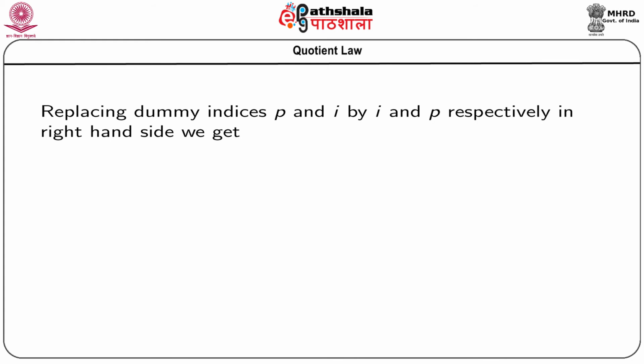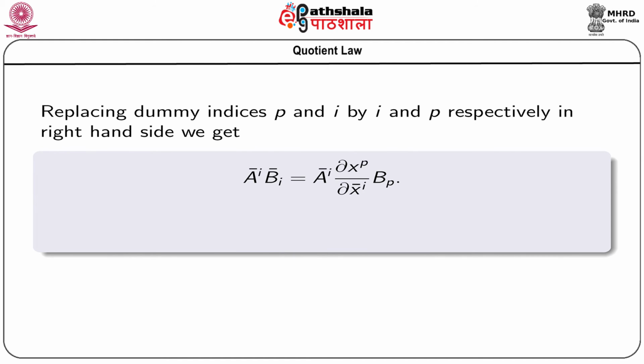Now, replacing dummy indices p and i by i and p respectively on the right hand side, we get A bar^i B bar_i equals A bar^i del x^p del x bar^i B_p. So, we can write this expression in the following way: (B bar_i minus del x^p del x bar^i B_p) A bar^i equals 0.